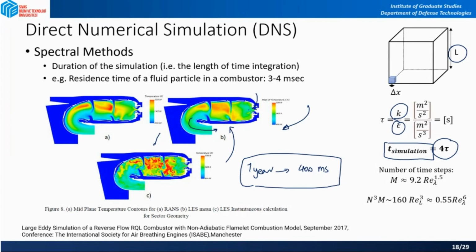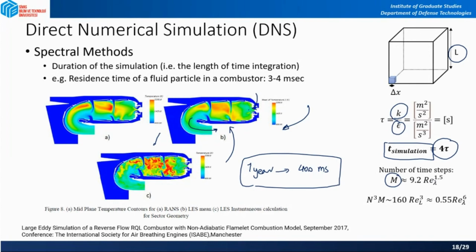On the other hand, you can estimate the number of time steps, denoted by m. For a simulation tau seconds long, the number of time steps will be 9.2 times the Reynolds number based on the Taylor scale to the power of 1.5.